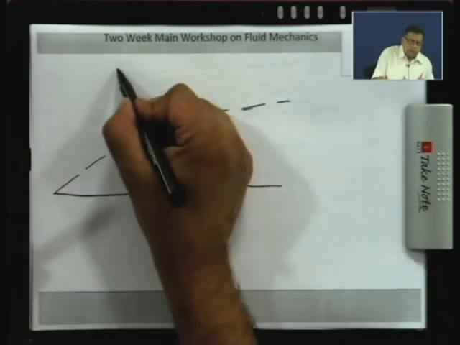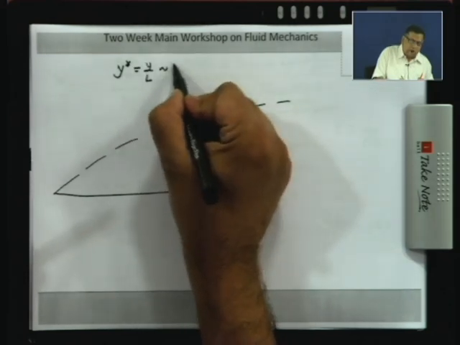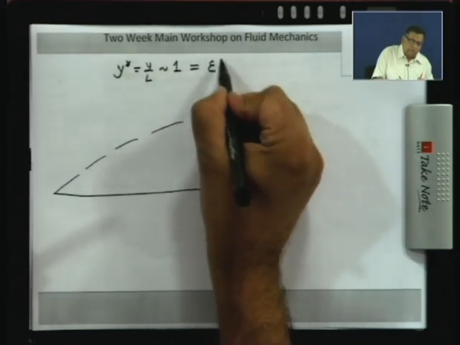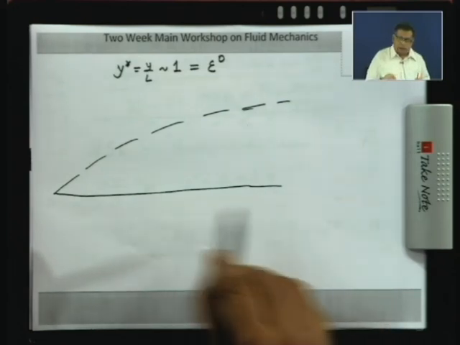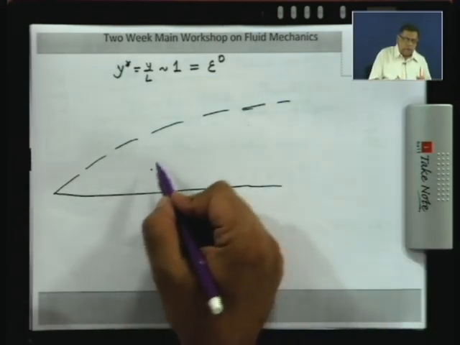So, here we are saying y star is y by L, order 1, which is epsilon to the power 0. So this is the outer region.